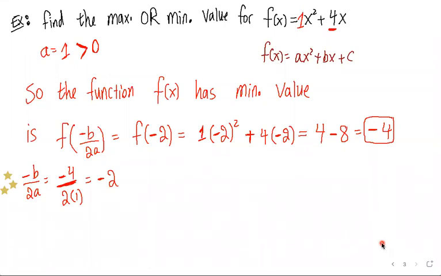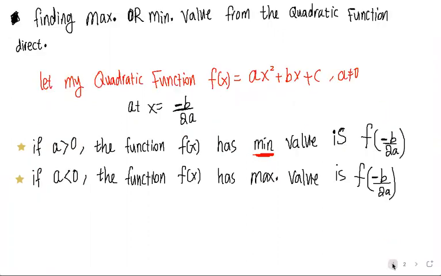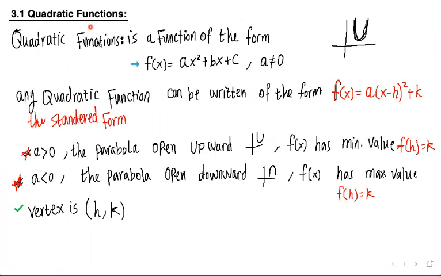So with this example, we finished section 3.1. Now let's go to 3.2, the polynomial graphs. This is only for a quadratic function, any function of this form. Now we're going over the polynomial graphs.